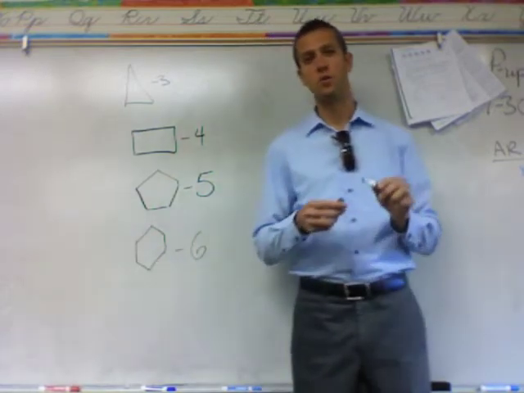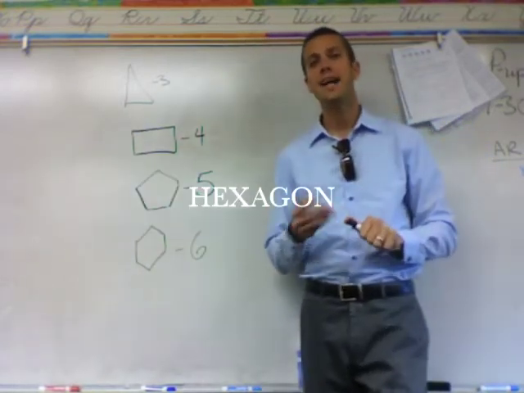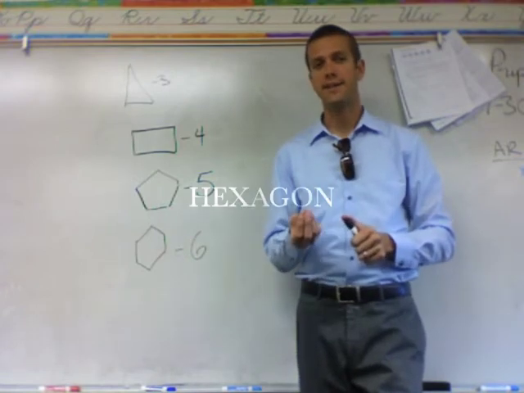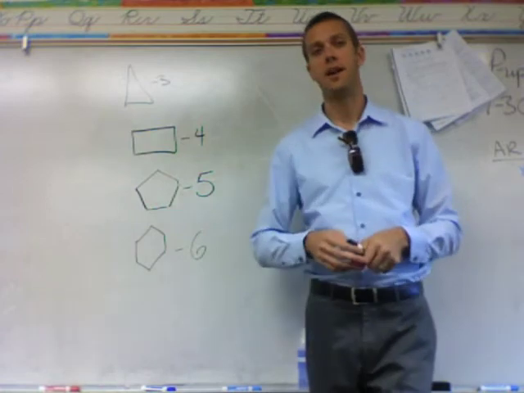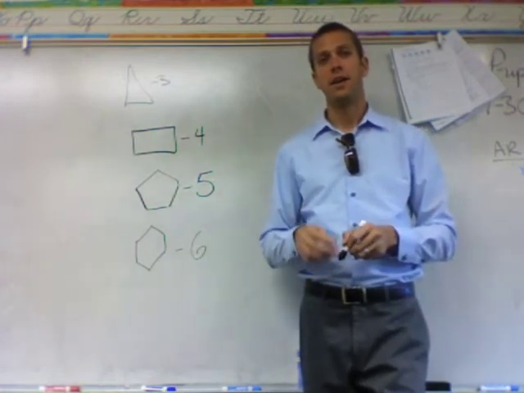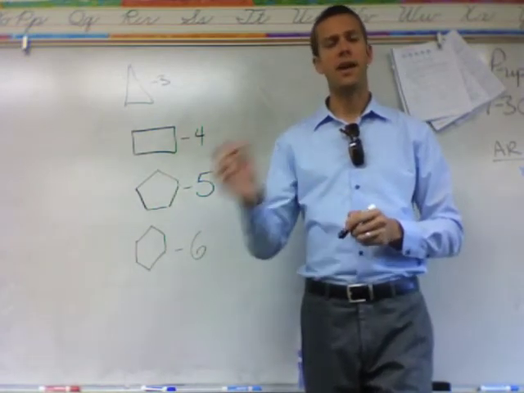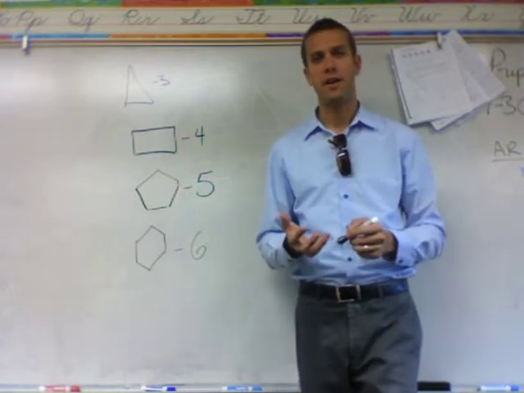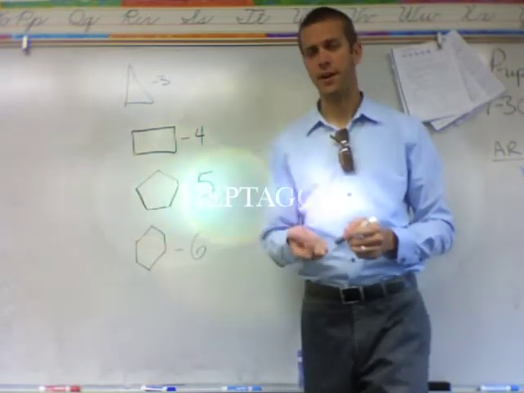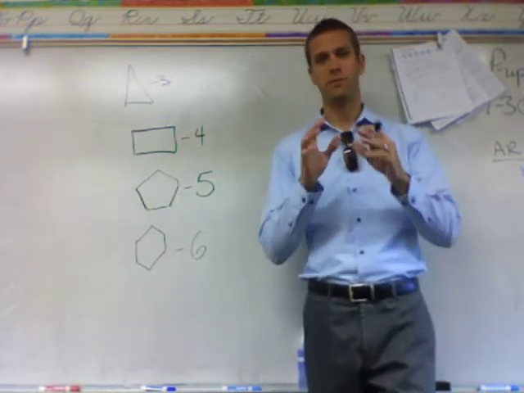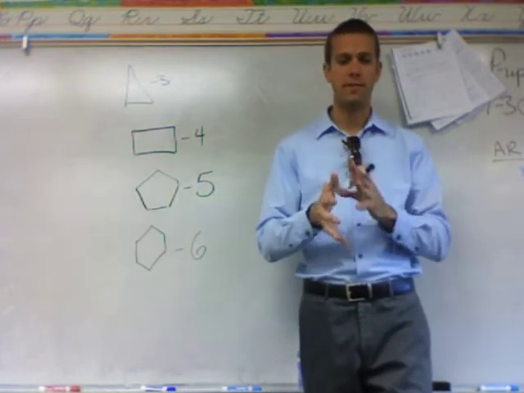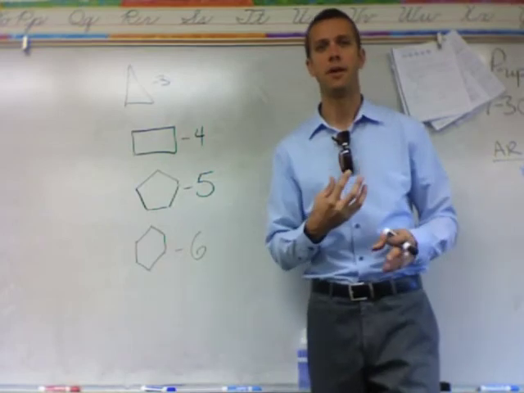I don't need to draw all these, they're all on your homework. Think of hexagon as the one with the X in it, and the word six has an X in it. Now 7, I don't really have a trick to remembering, but a 7-sided figure is a heptagon, with a P. If you come up with some really cool way to remember that 7 means heptagon, come and tell me. That would be great.